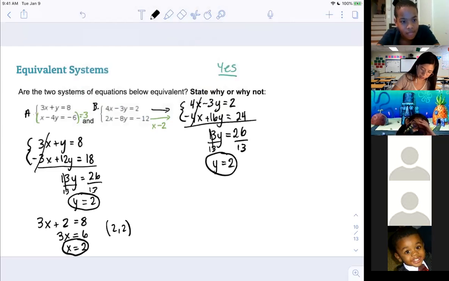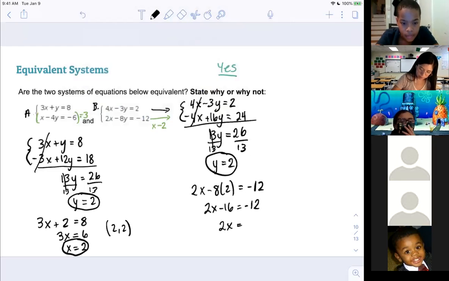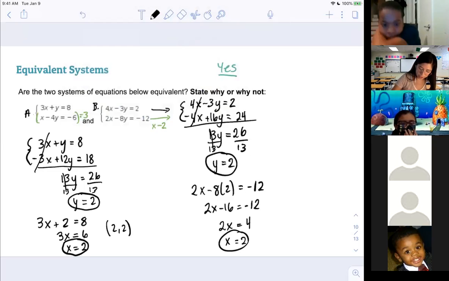And if I plug it back in, which I'll do really quickly, into the bottom equation, I have 2x minus 16 equals negative 12, which is 2x equals positive 4, x equals 2. I get (2, 2) again.